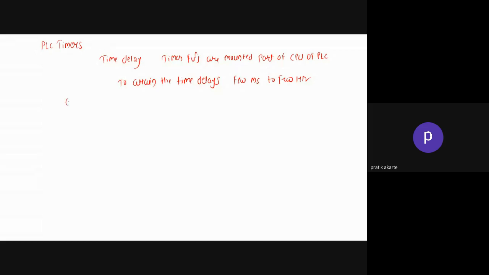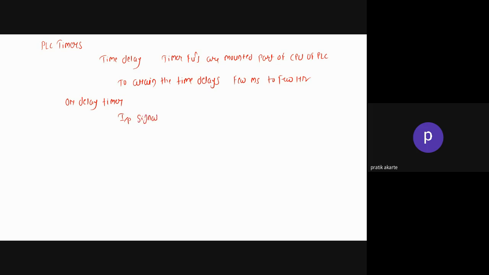There are two types of timers. First is the on delay timer. What is an on delay timer? When your input signal becomes on, the output signal becomes on after a certain delay. Let me put it over here.